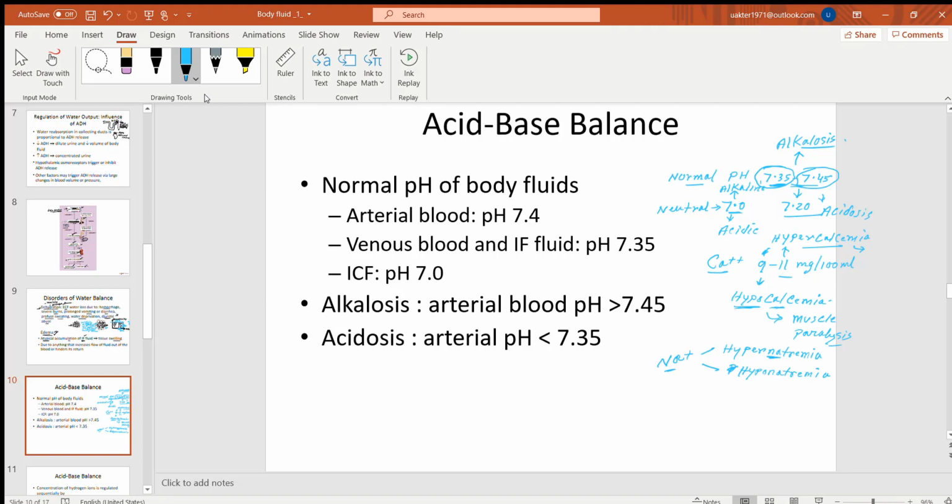And if hypernatremia occurs, then some clinical conditions or abnormal conditions occur, including seizures. That means convulsion, okay, of the muscle.